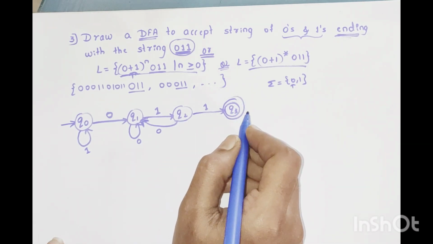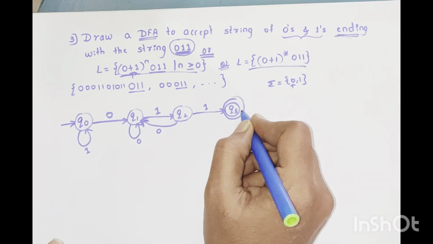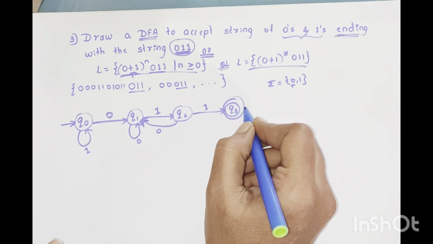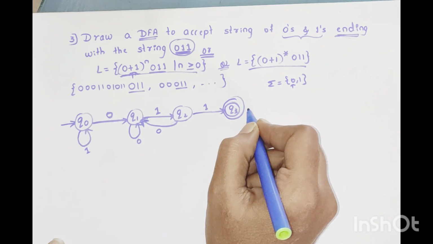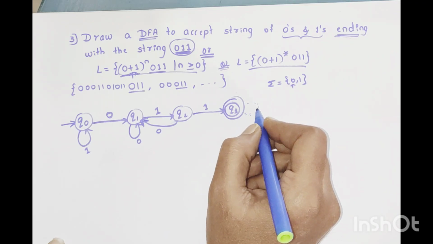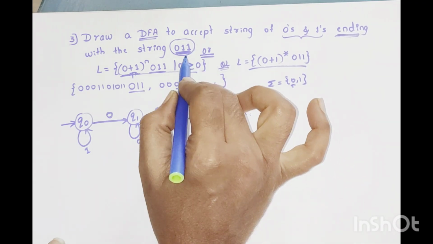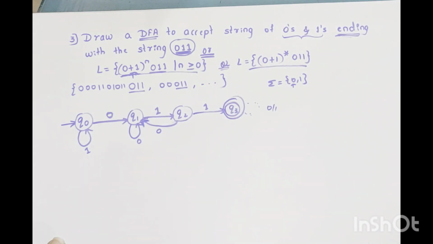Then what about this Q3? See, I can't show a self loop as in the previous problems, because if I show a self loop here, then the machine may end with any combinations of zeros and ones, which will fail the given condition.